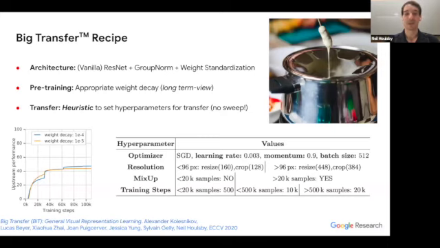And essentially we came up with a heuristic set of 3 or 4 decision rules that allow one to set one's hyperparameters that will work on tasks with 10 examples or 1 million examples. So, if one does have a validation set, a little bit of sweeping will improve the score, but this heuristic was good enough for all the results that I'll present.